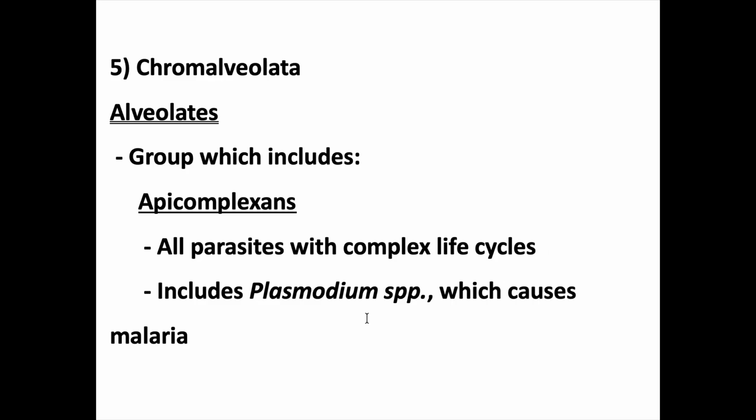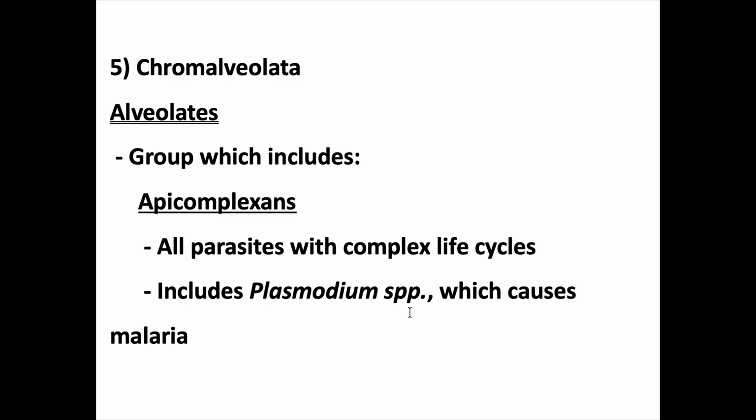Because malaria has such a big impact on public health, I do want to call out its species by name. Apicomplexans includes Plasmodium spp., which causes malaria. I think this is the first time we've seen this. I introduced the binomial nomenclature in the first chapter, genus and species.